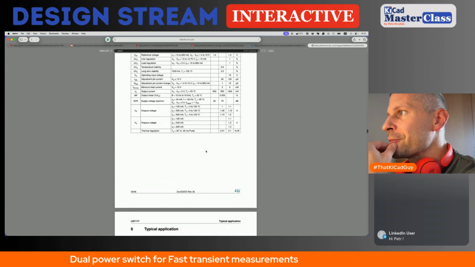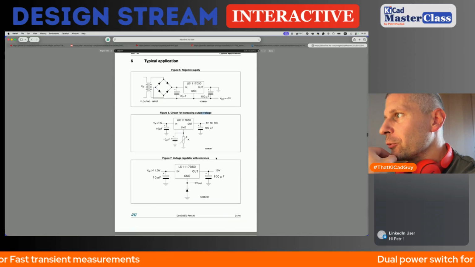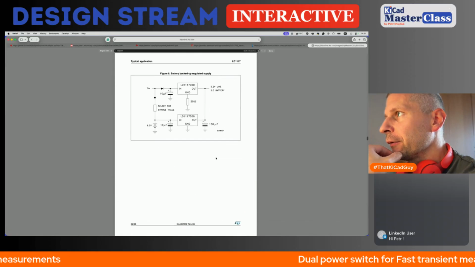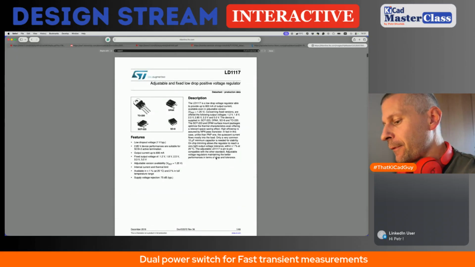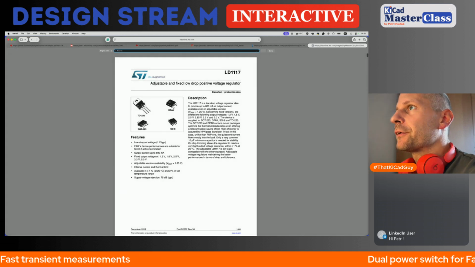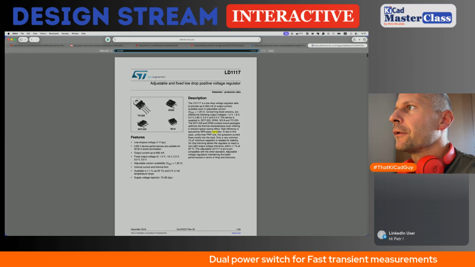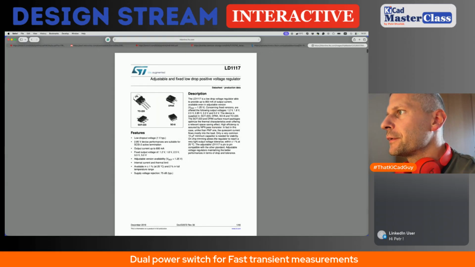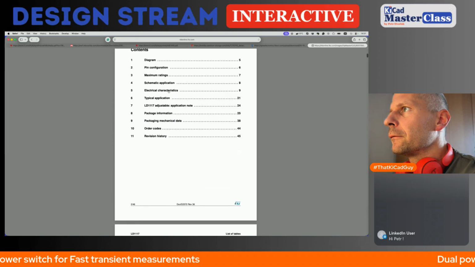Yeah, I have to check, here is 100 microfarads, so this looks okay. But I am interested in the transient transfer characteristics. Transfer, no, nothing like this in this datasheet. Electrical characteristics.